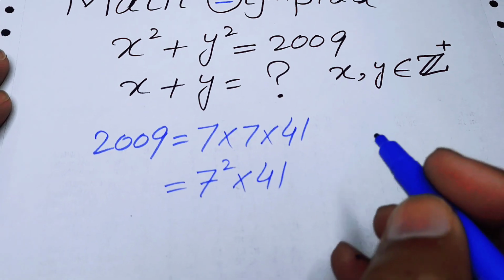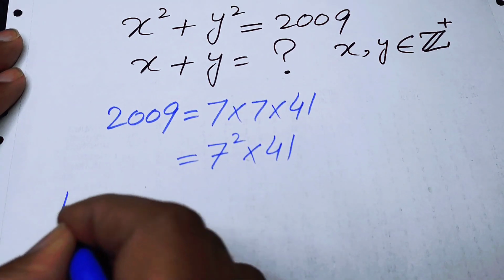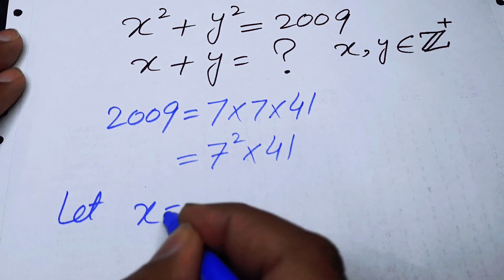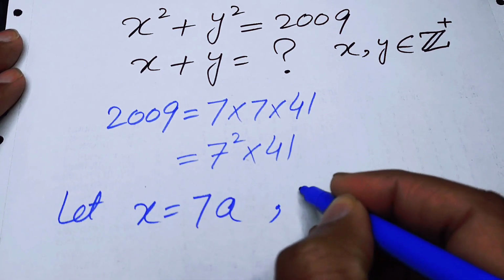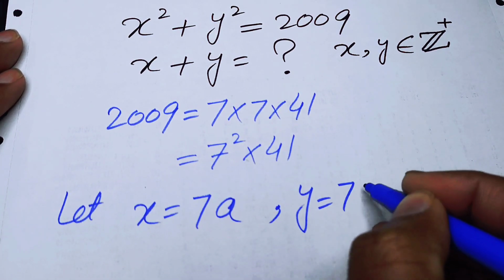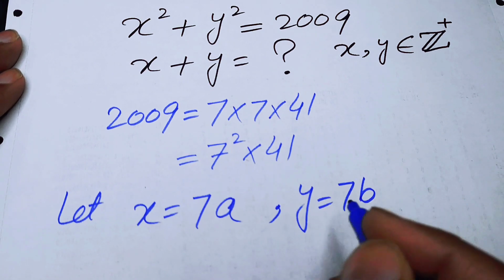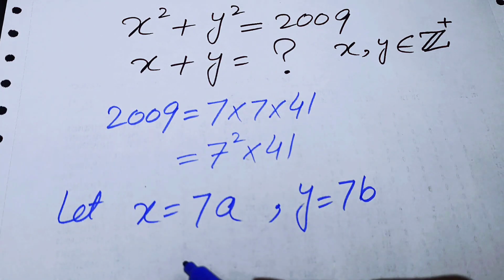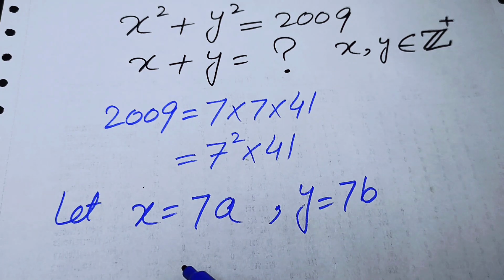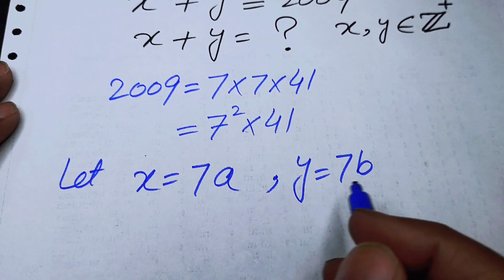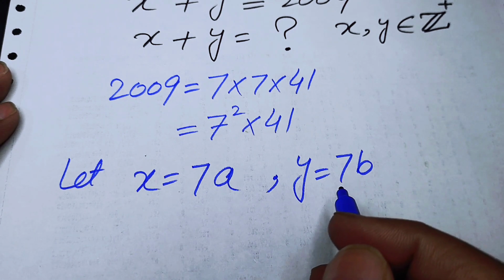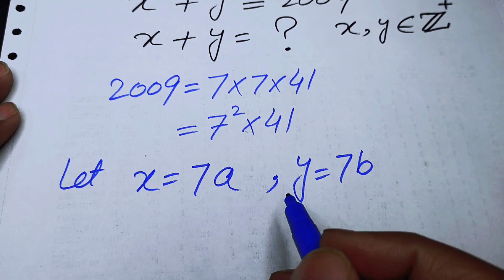After that we take x equal to 7 times a, and y equal to 7 times b. Here we take some temporary values of x and y, and first we find the values of a and b, and after that we find the values of x and y.